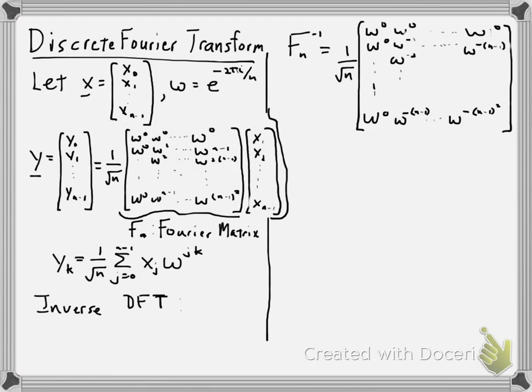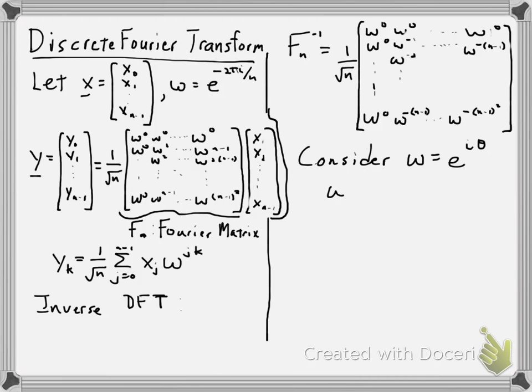And so let's take a look at what this negation of the exponent means. Let's consider omega equals e to the i theta, and consider its complex conjugate.